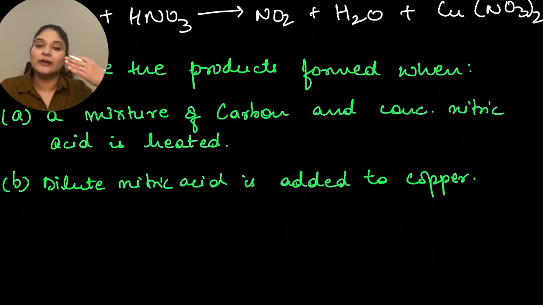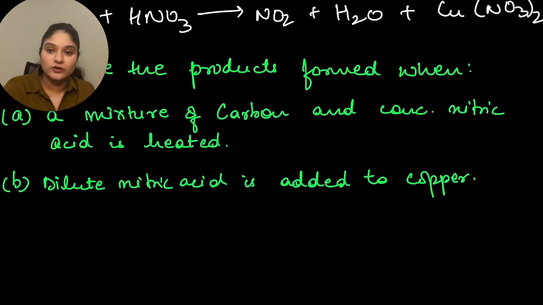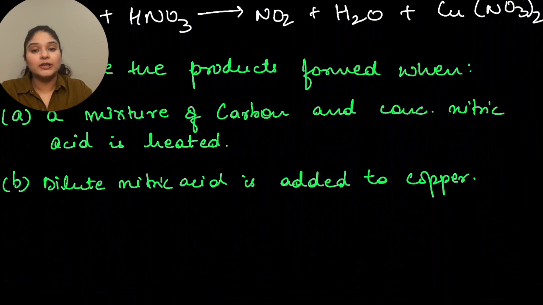The reason I have mentioned all the types of questions is so that you get an idea of how they have asked questions with copper over different years, and you understand the different methods of asking the same question. Now in this case they are asking only the products. Make sure that you don't write only the formula but the whole word of the compound.